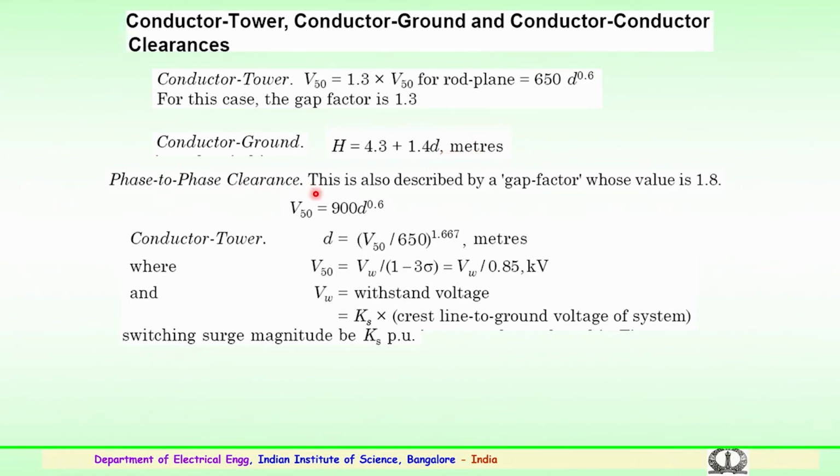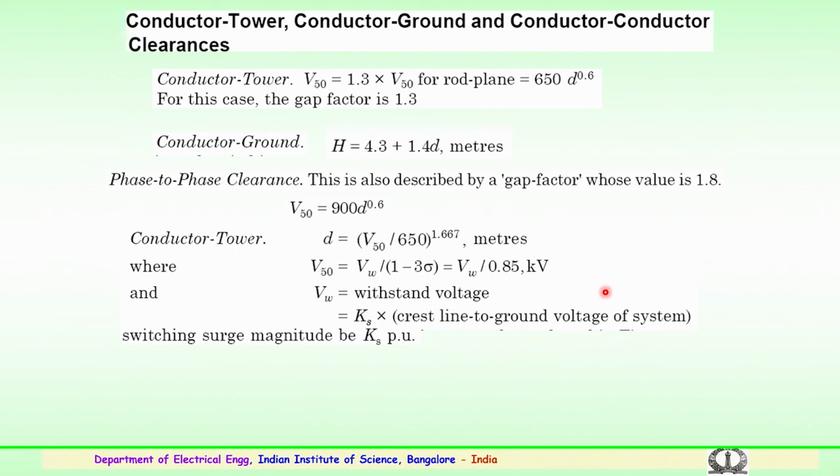For phase to phase clearances, this is also described by a gap factor. Phase to phase, what you call one conductor to the other conductor, phase conductors, 3 conductors in a single circuit or 6 conductors in a double circuit, and so on. So, the conductor to conductor or the phase to phase clearance is also described by a gap factor, whose value is 1.8. So, V50 is 900 D to the power of 0.6.